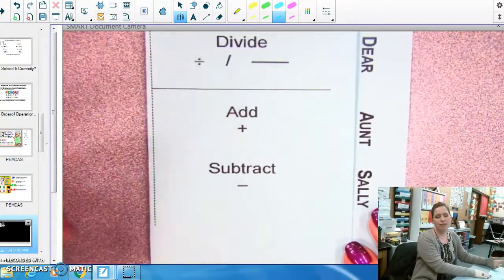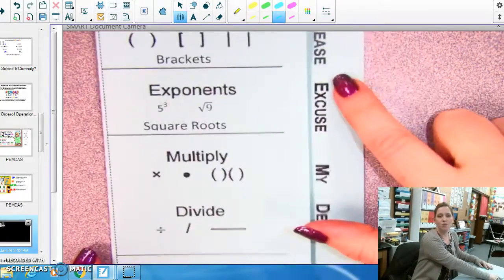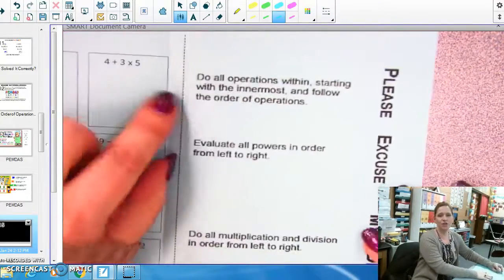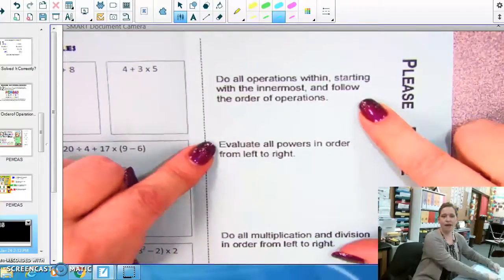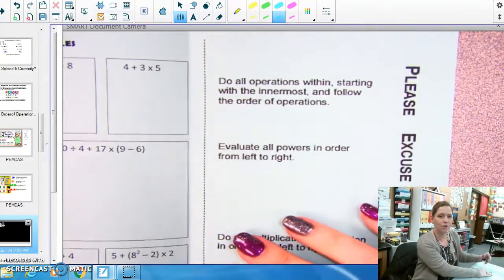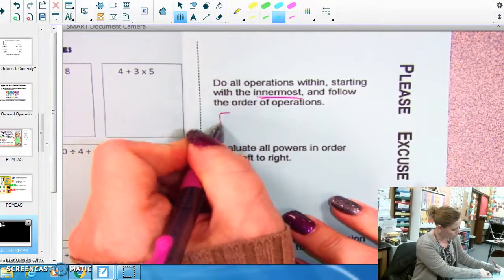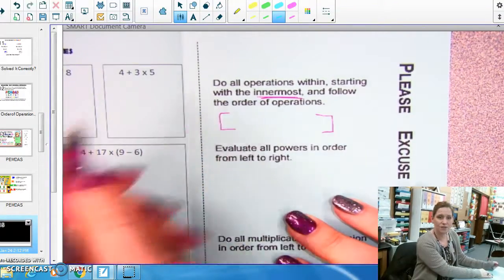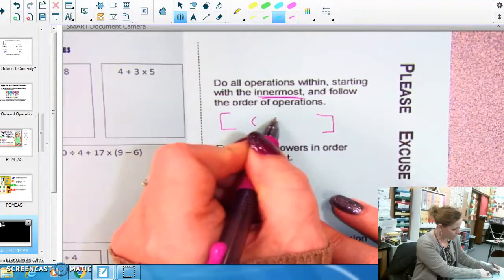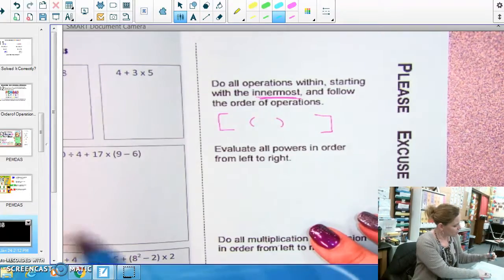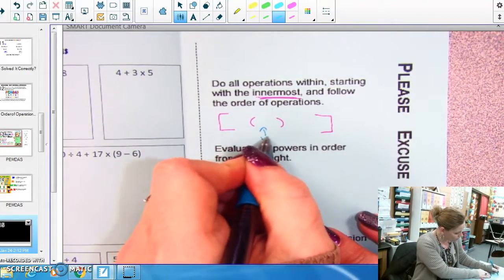And then adding and subtracting are pretty simple. There's the Please Excuse My Dear Aunt Sally running down the side. On the inside, you just saw the last slide is exactly what we had before, talking about doing the parentheses of the innermost first, which means if there are two sets of parentheses outside the problem, and then you see a little set of parentheses on the inside of the problem, you would do these first.